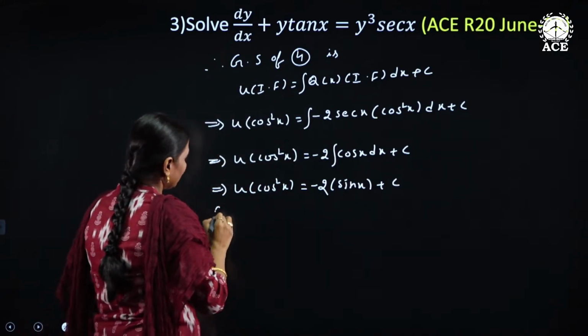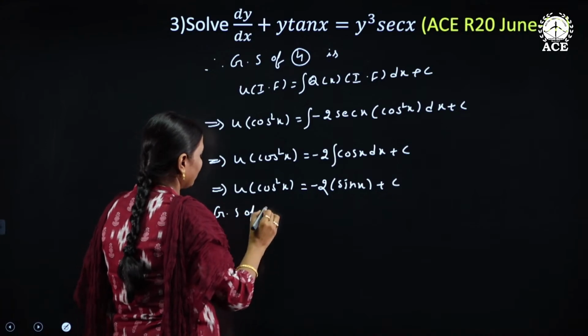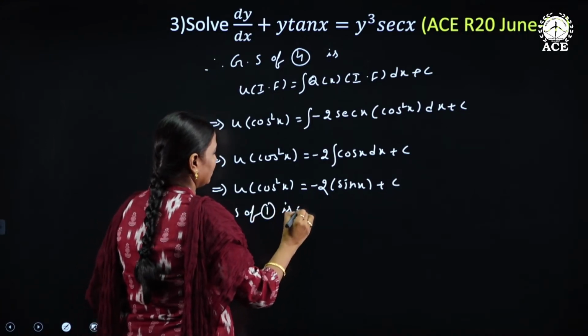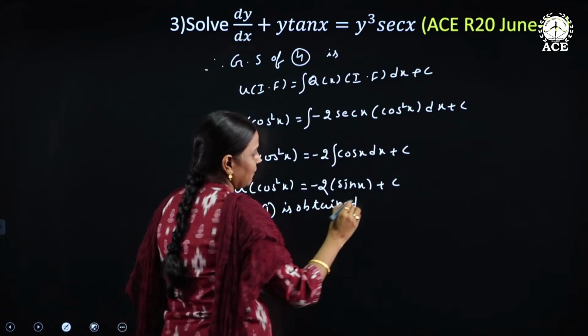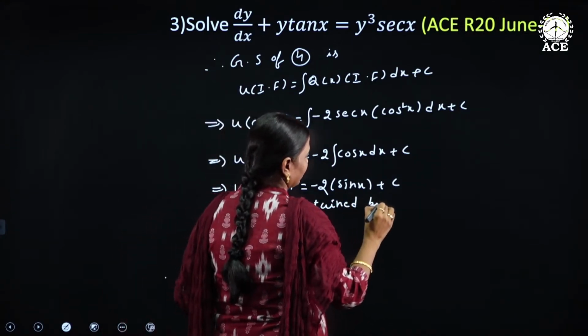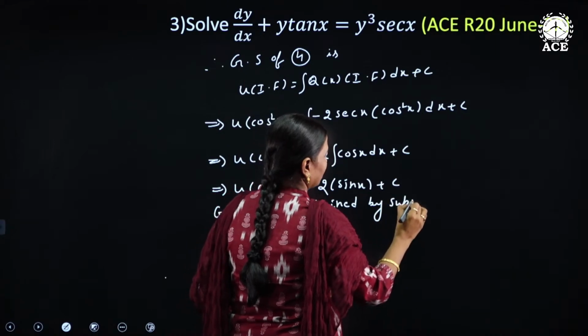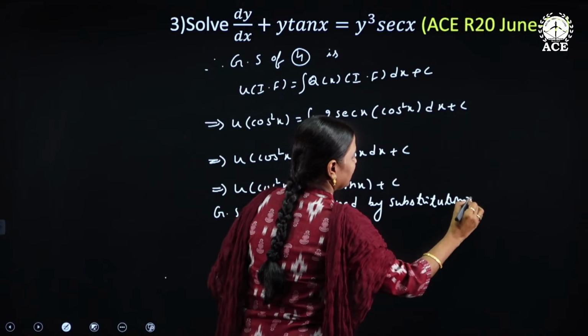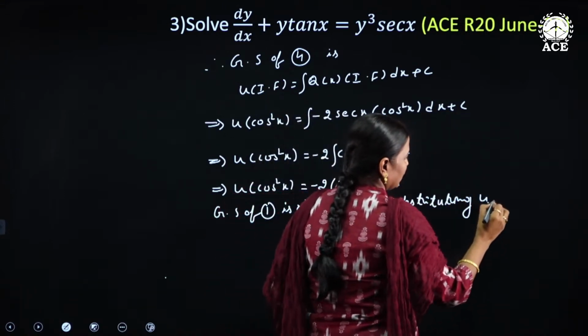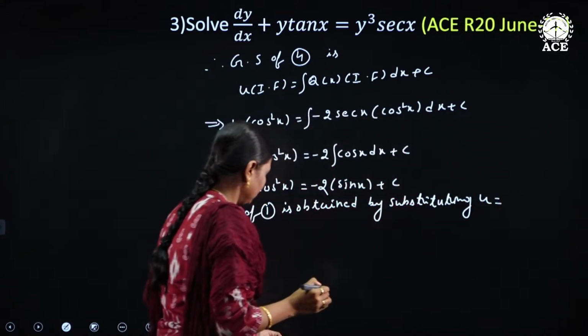But the general solution of equation 1 is obtained by substituting u. What is our substitution?